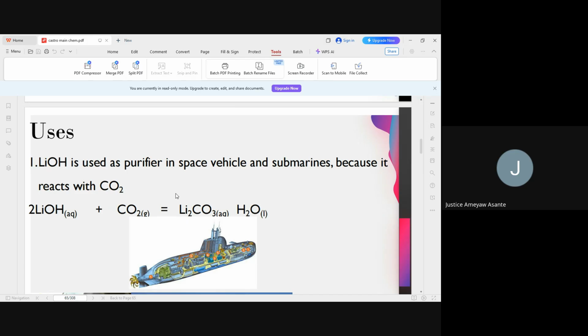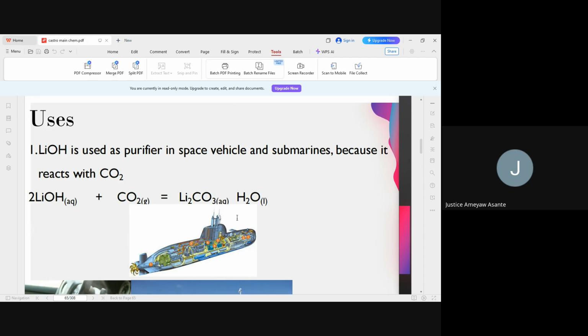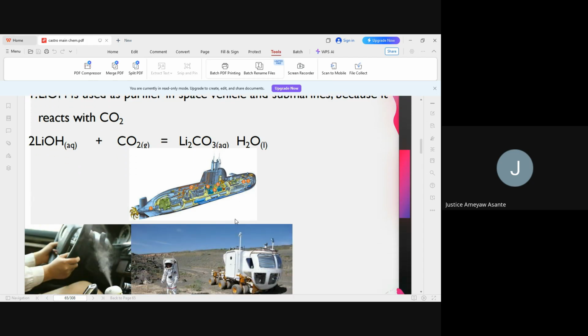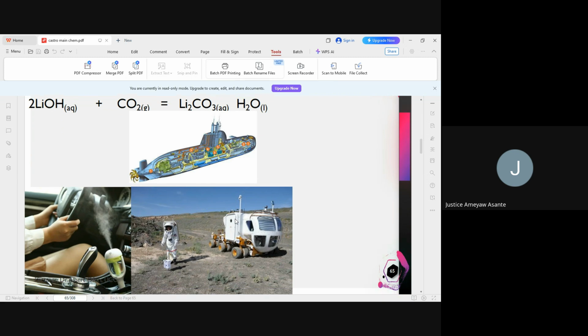So in vehicles, this lithium oxide is used as a purifier. There is a chemical reaction denoted: lithium oxide plus carbon dioxide forms lithium carbonate plus water. This is telling us the materials in which it can be used to purify. So we have airplane, submarine, vehicle.